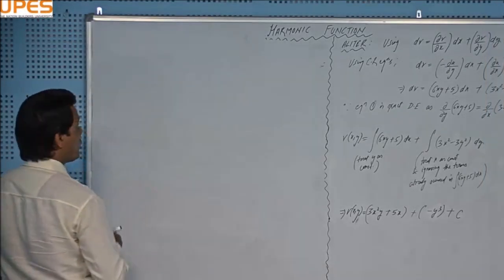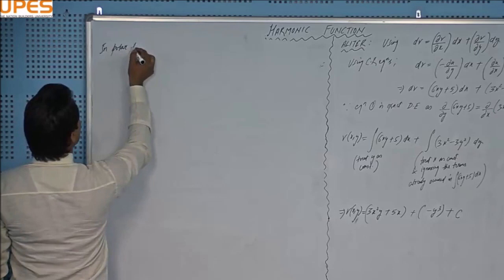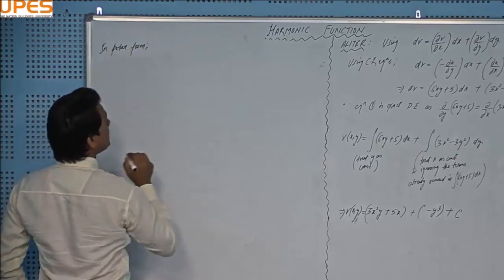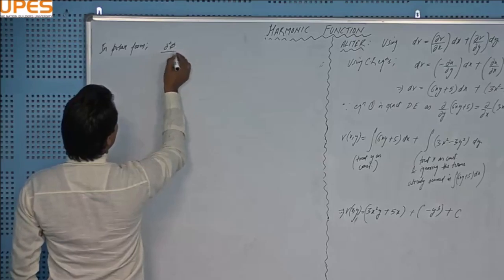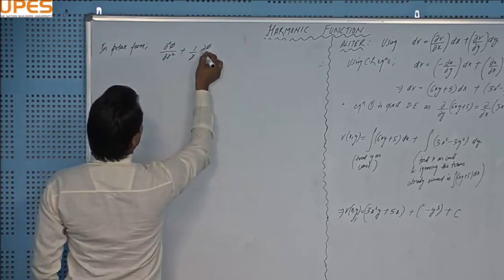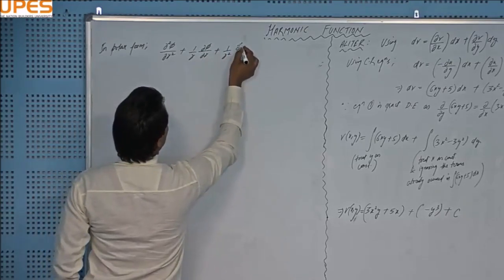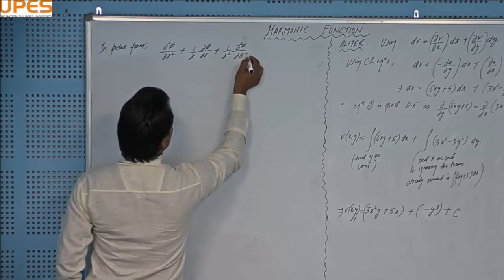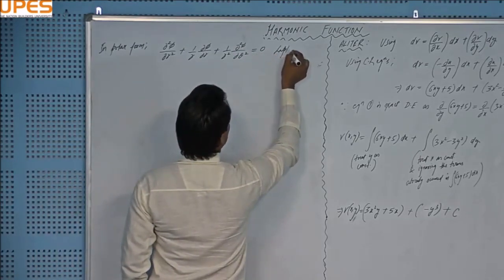So the Laplace equation in polar form: del square phi over del r square plus 1 over r del phi over del r plus 1 over r square del square phi over del theta square equal to 0 is the Laplace equation in polar form.